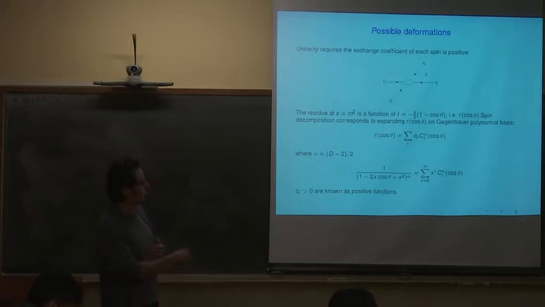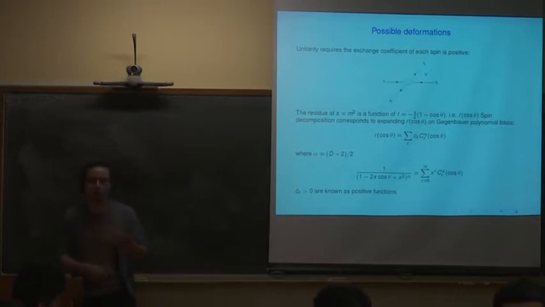A function that is expanded in these Gegenbauer polynomials with positive coefficients is what people call a positive function. Unitarity means that when you write the sum in terms of poles, all the residues have to be positive functions. That's the statement of unitarity. It has to be a sum over positive functions.